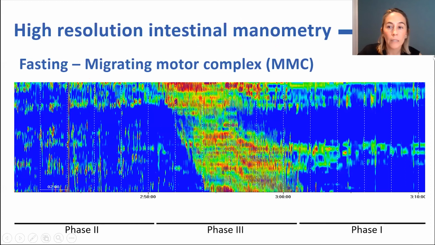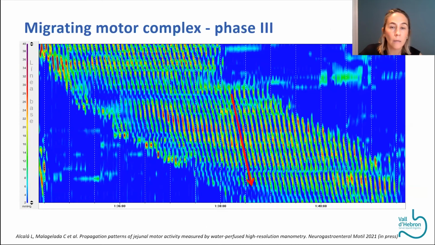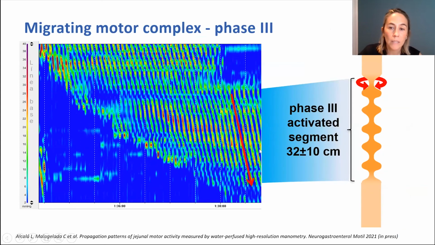If we have a look at this using the color plot, we obtain this type of images. And if we zoom in on phase 3, we see that phase 3, in fact, is composed of contractions that propagate very fast down an activated segment of the small bowel, which measures between 20 and 40 centimeters.